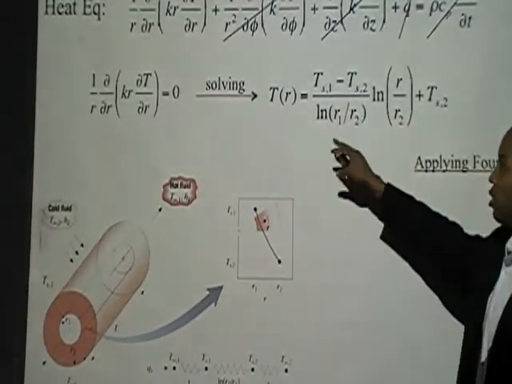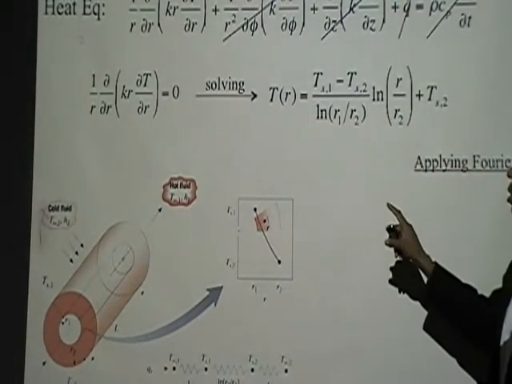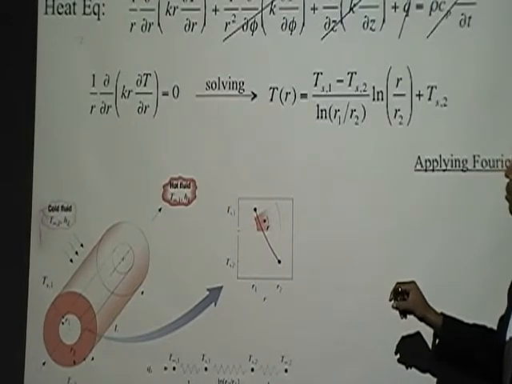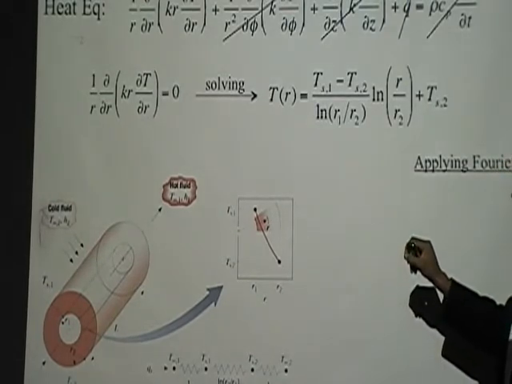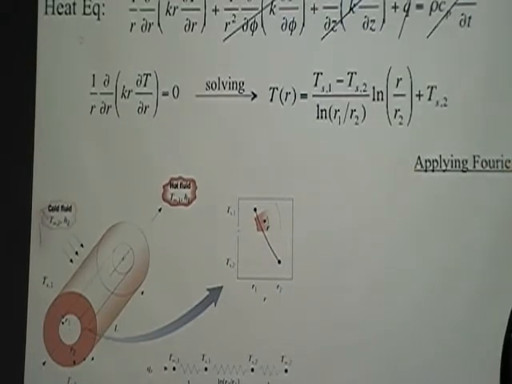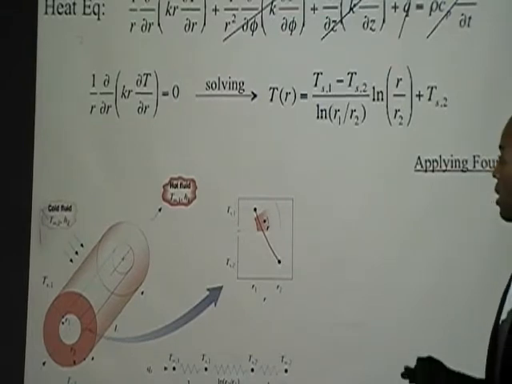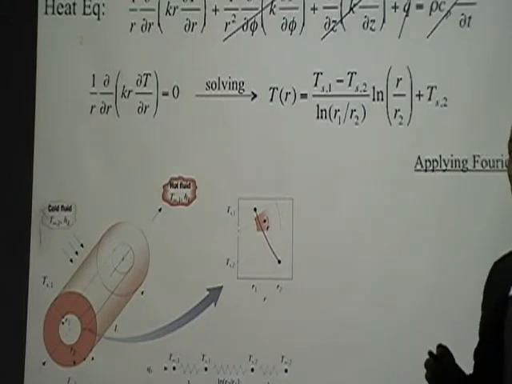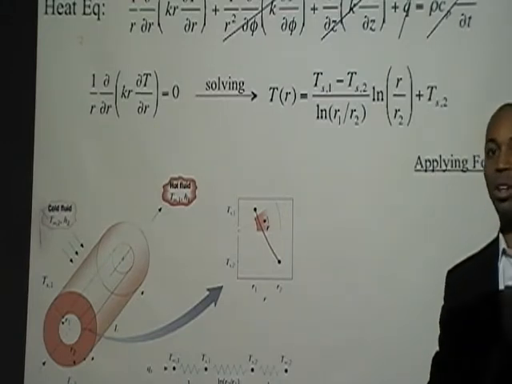Applying those boundary conditions and solving our differential equation, we end up with this relationship here for the temperature profile. And what should be noted here is that the temperature profile is no longer linear.